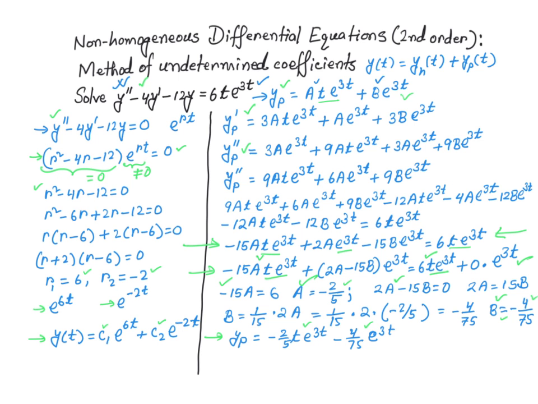Finally, my solution is going to be the sum of these two. So my y of t solution is going to be the sum of the homogeneous part and the particular part.